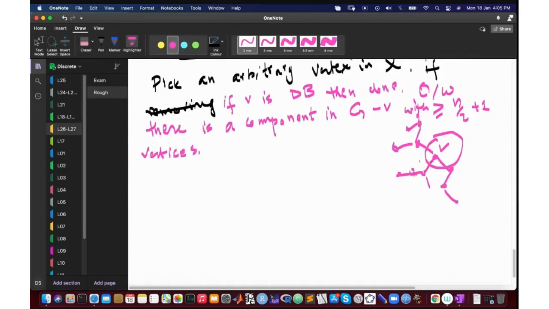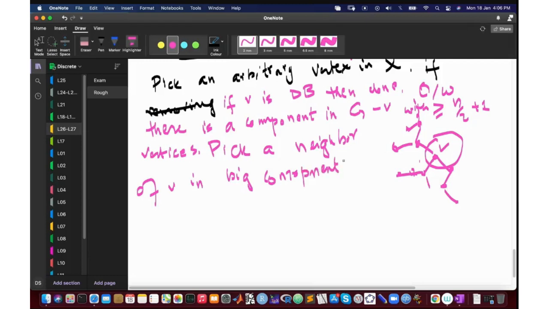Let us walk towards that component. Pick a neighbor of V in the big component as the DB candidate, and repeat.